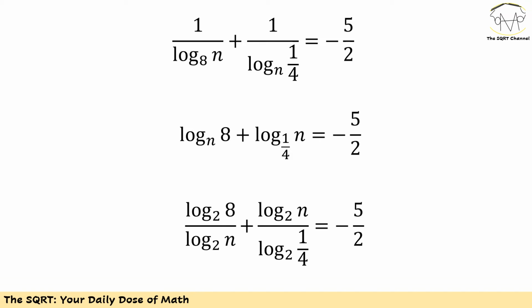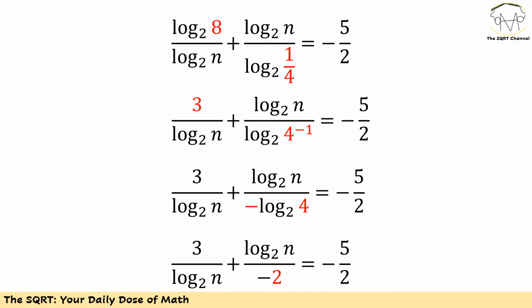I think it's kind of obvious why I chose base 2, but just to be fair, we have 8 here and 1 over 4, so I just used base 2 to make sure that I'm going to remove some of these terms that I have here.